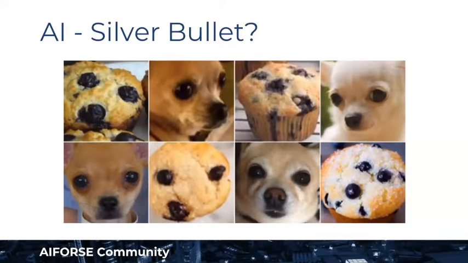Still, AI is, as I already said, not a silver bullet. You can see another example. There was a model trained to identify puppies and muffins, and the accuracy of that model was not so high. It couldn't really distinguish; you can see again, it's 50-50.